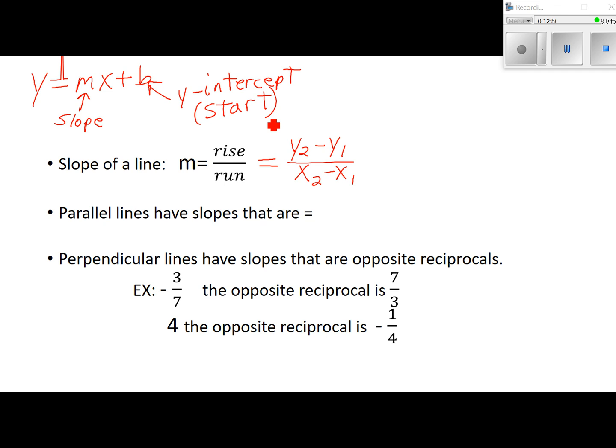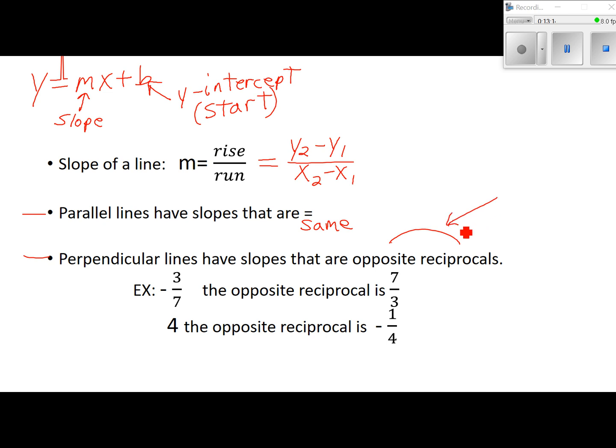Hopefully your algebra teacher last year mentioned these two things. If lines are parallel, what do you know about their slopes? Two lines are parallel, what do you know about their slopes? They're the same, they're equal. Two lines are perpendicular, the slopes are opposite reciprocals. This is the one that everybody seems to have trouble with.